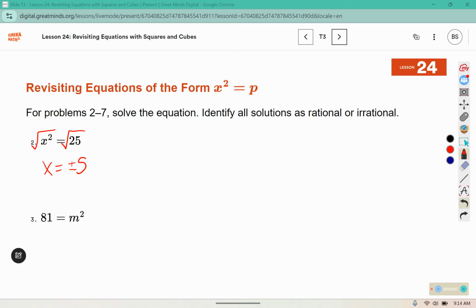Remember, negative 5 times negative 5 also equals positive 25. Both positive and negative 5 are rational values. Here we're going to square root to get rid of the square. The square root of 81 can be 9 or negative 9, which is also rational.